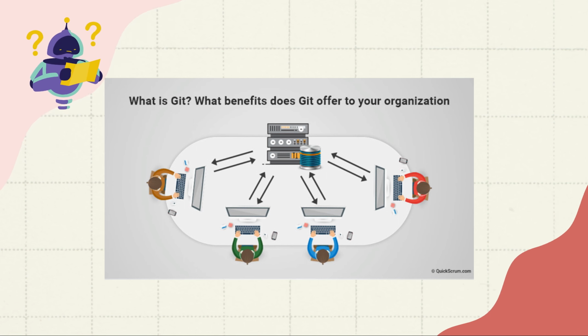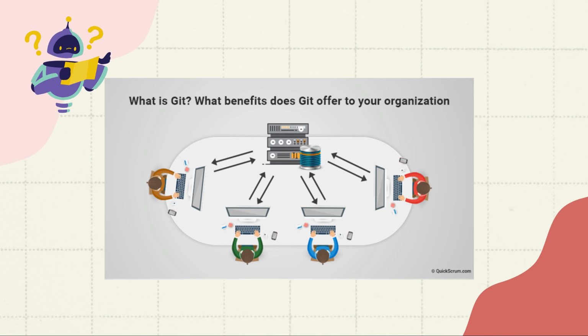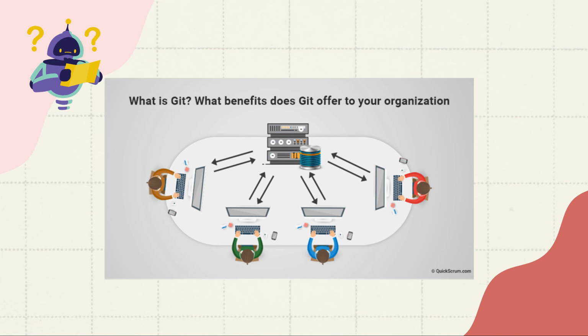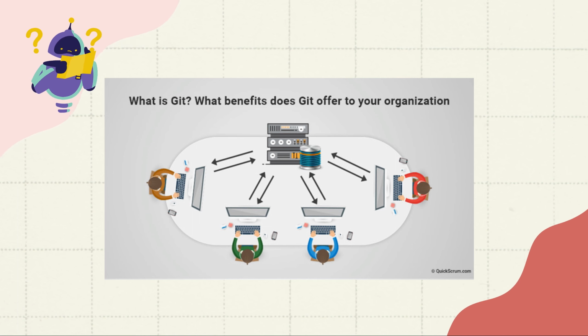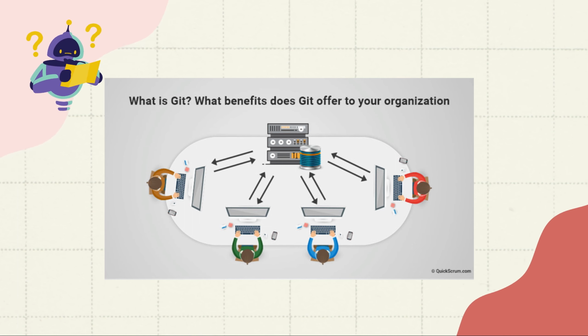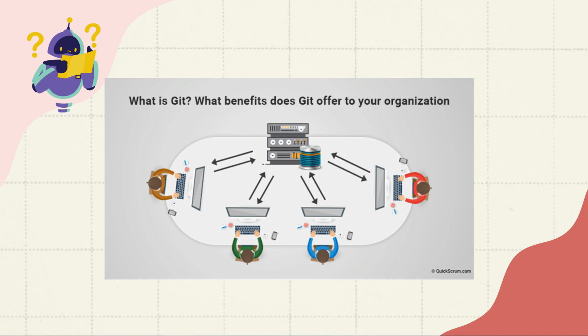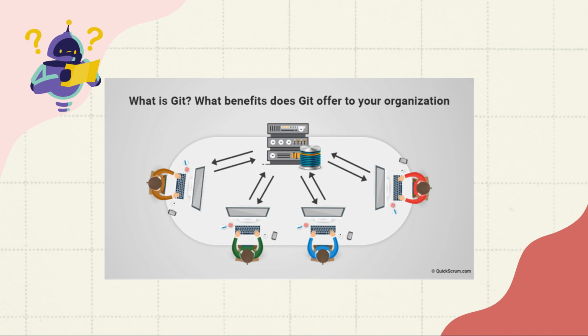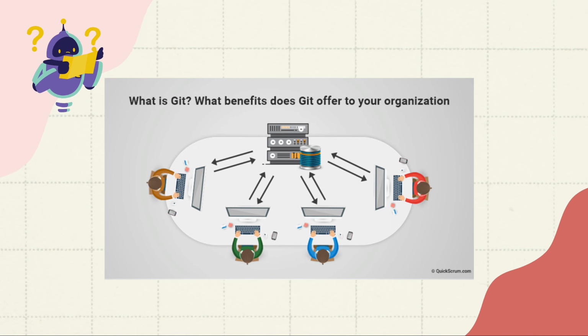That is the use of a version control system. With its help, we can create different versions of the source code in the Git repository.